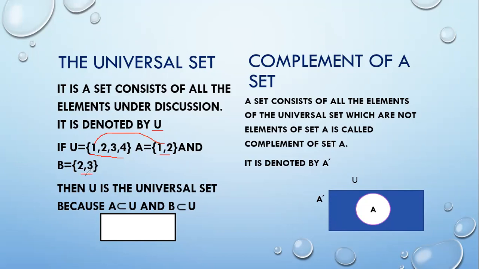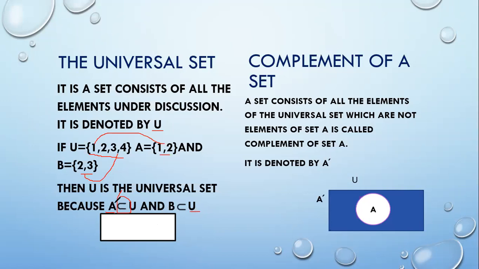Again, B is a subset of the universal set, right? This symbol is for subset. Now, which kind of subset? Proper or improper? Yes, it is a proper subset of the universal set. And B is again a proper subset of the universal set. And U, the universal set, is the proper superset of sets B and A.